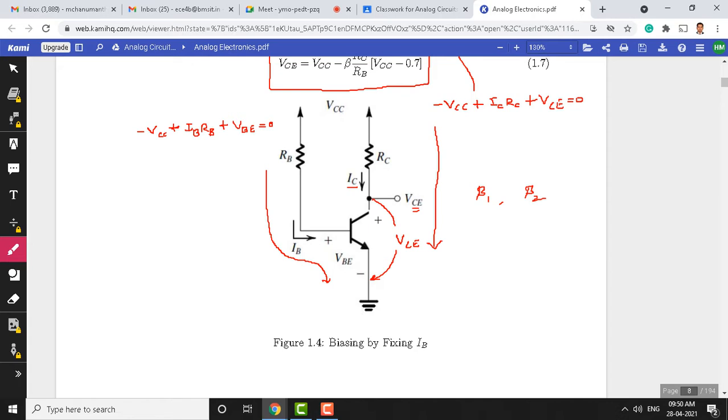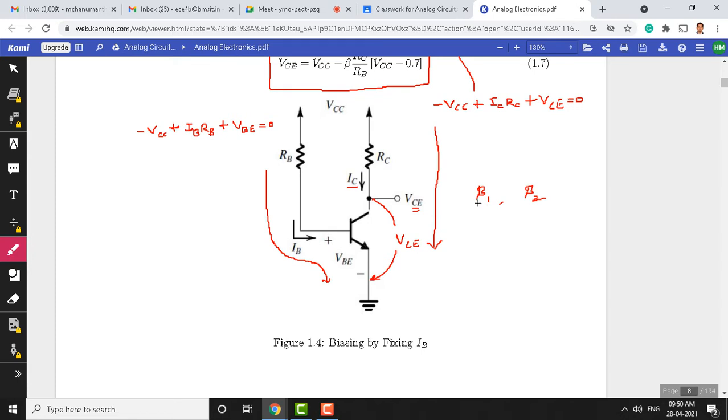When bipolar junction transistors are manufactured, they are manufactured in a lot. We don't manufacture one or two transistors; millions and billions are manufactured. And what is beta? Beta is nothing but the current gain of the BJT in common emitter configuration. Among millions and billions of transistors, every transistor will have a unique value of beta.